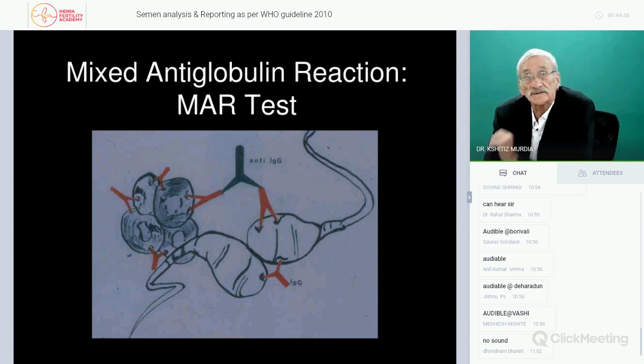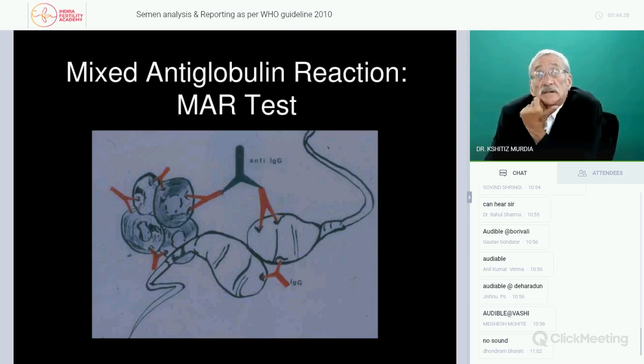I was fortunate as a young man in those days to do the practical of the MAR test in the laboratory of Professor Jan Kremer. We used red blood cells that were coated with sperm antibodies, prepared by the hematology laboratory in the city of Groningen in Holland.